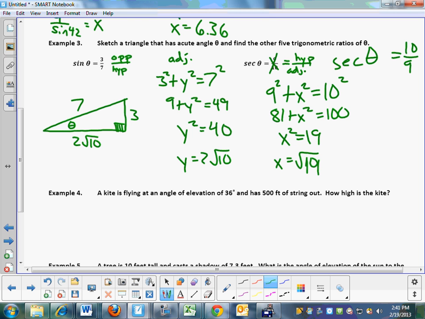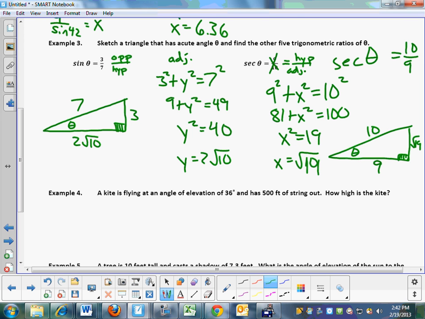So that's the smallest one, isn't it? That's smaller than 9 or 10. And that's going to be my opposite side. So that looks like a sufficient triangle.